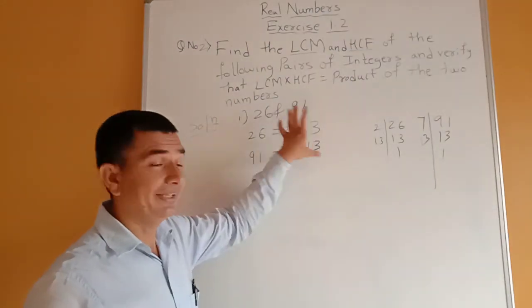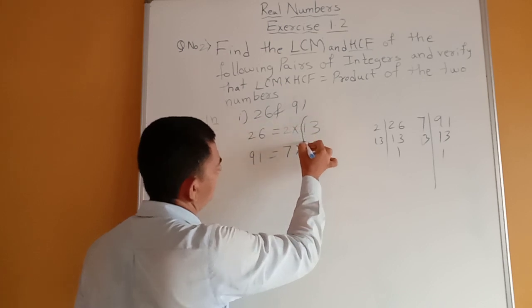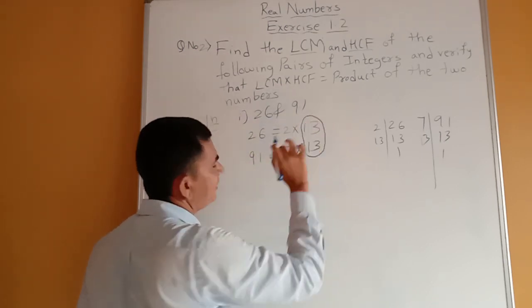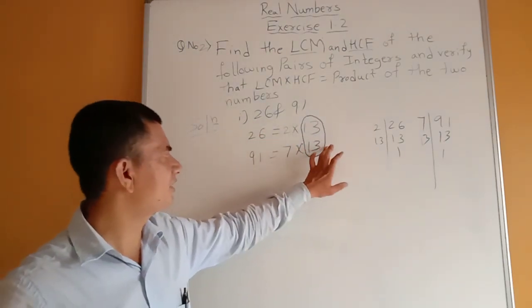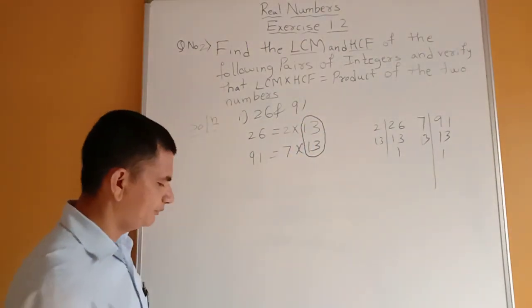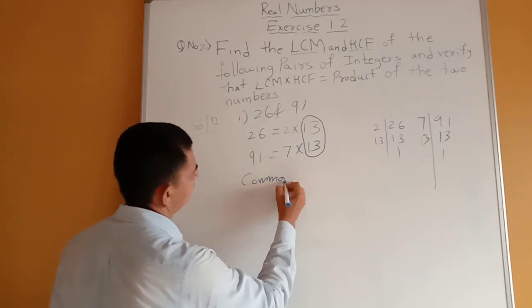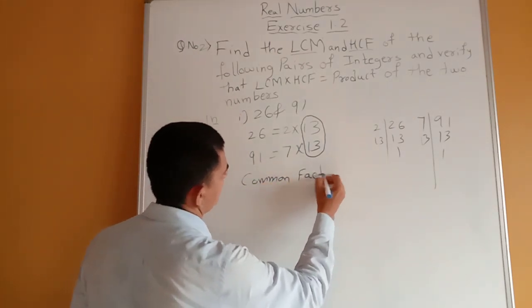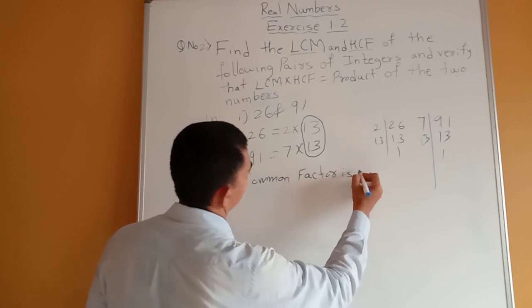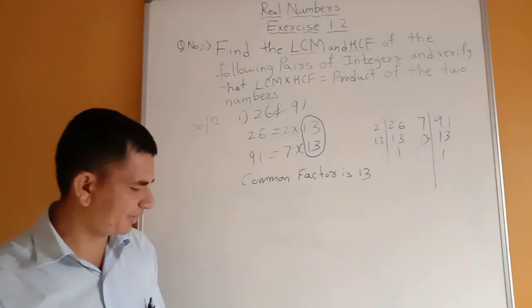We have to circle those. Here the common factor is 13. 13 is a factor of 26 and 13 is a factor of 91. So it is common. Common factor is 13.